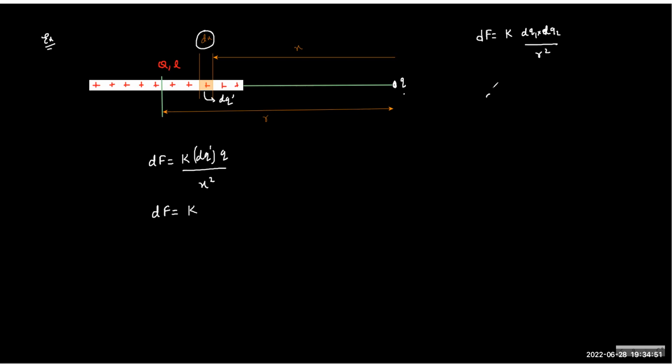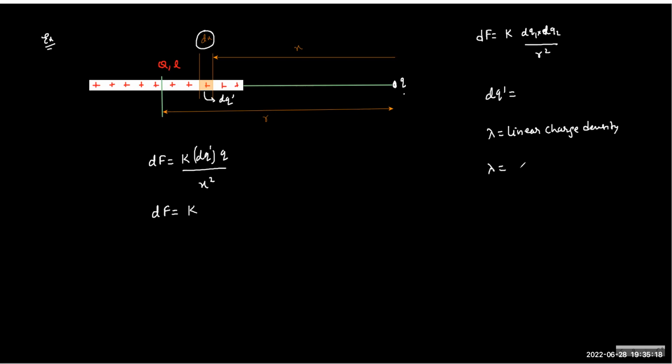So what is dq dash by the way? It's the charge over the length dx. So we can use the definition of lambda as I have discussed in center of mass. Linear charge density we can call lambda. What is the density?